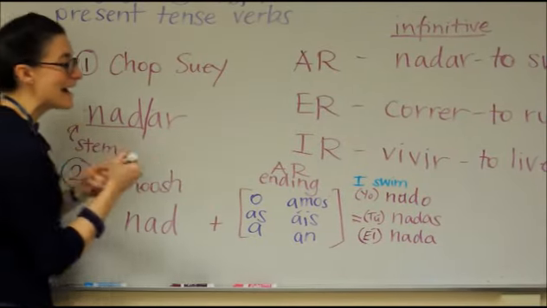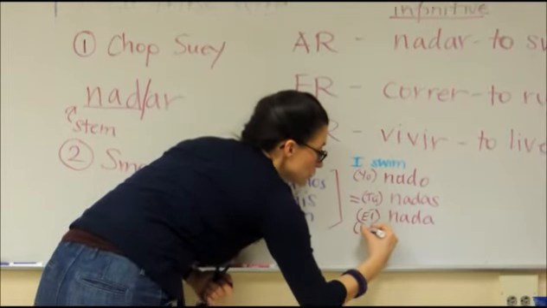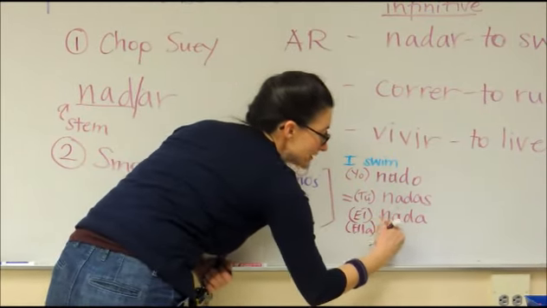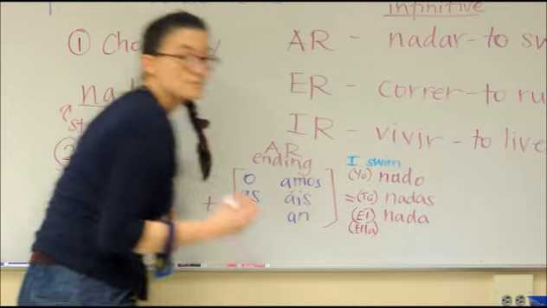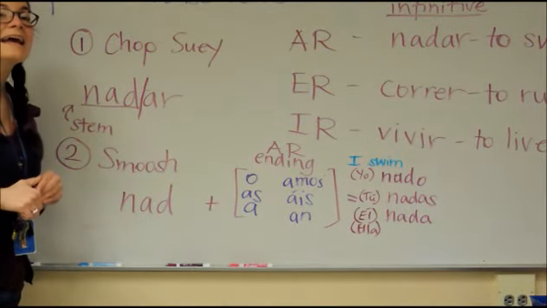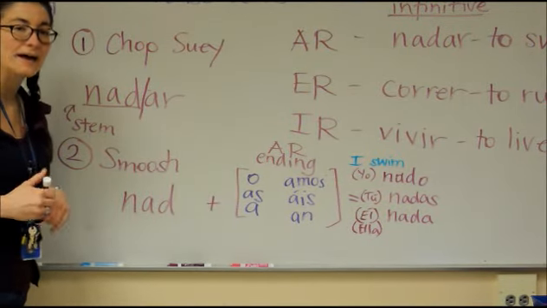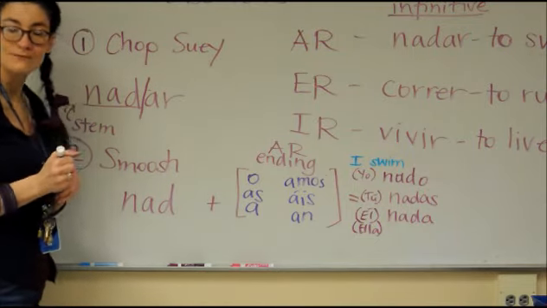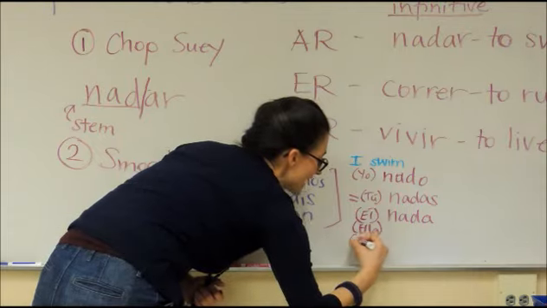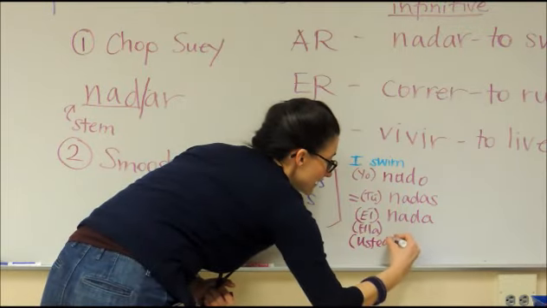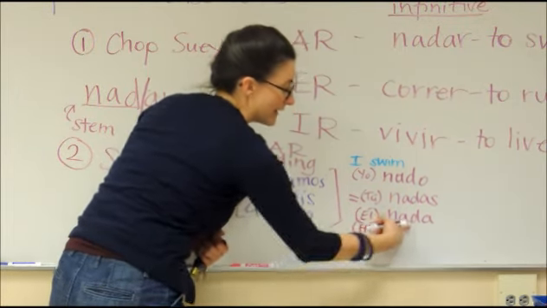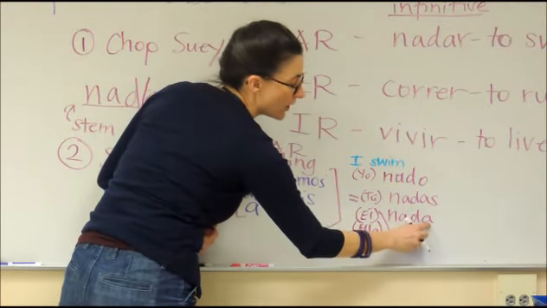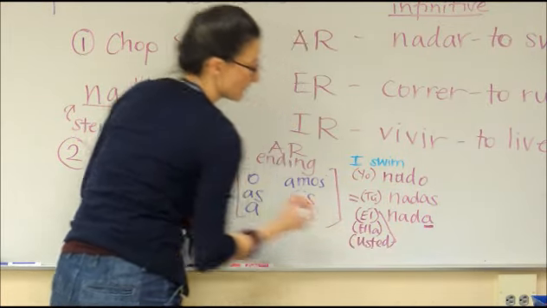How would you say she swims? Ella nada. This is the same. You use the same ending for él and ella. He swims, she swims. Él nada, ella nada. How do you say you formally swim? Usted nada. So as you can see, these three pronouns take on this ending.